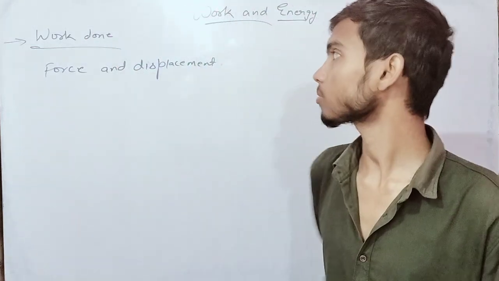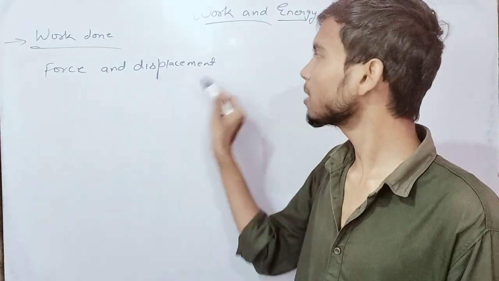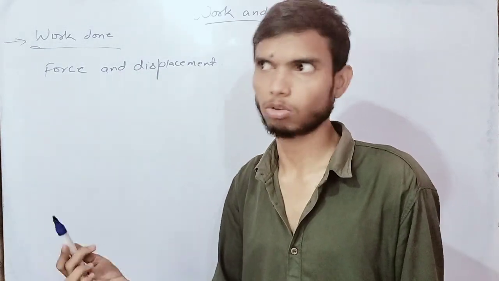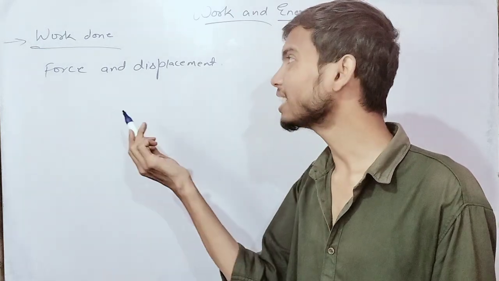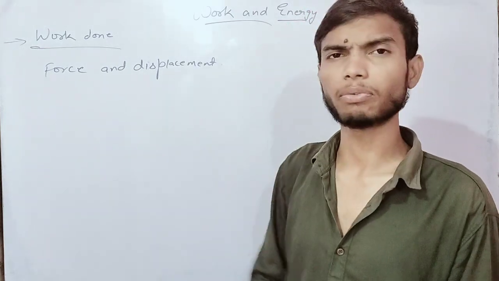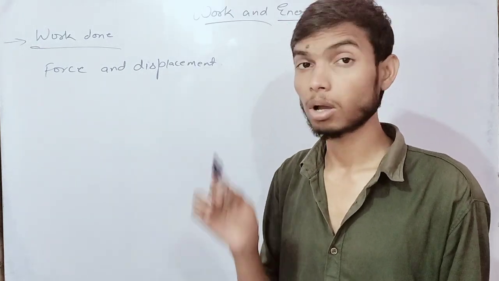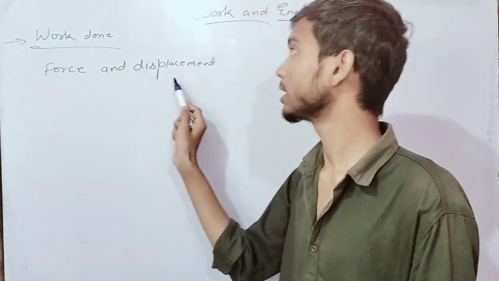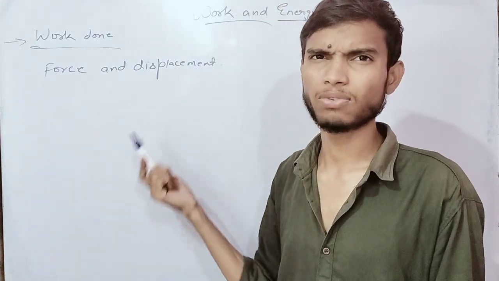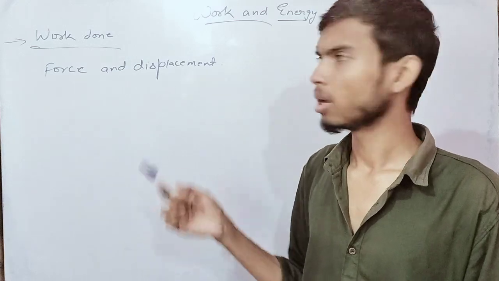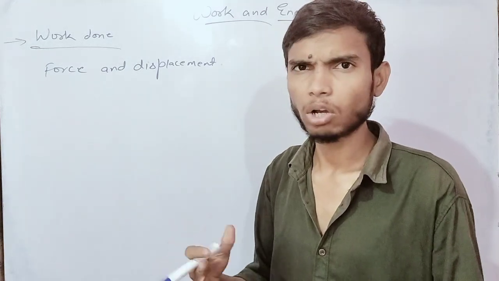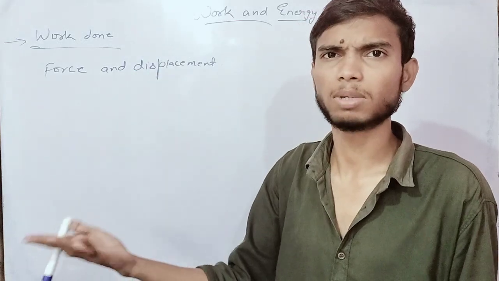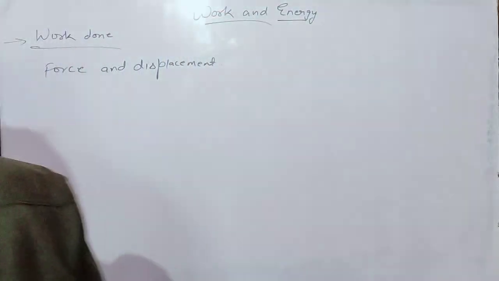Remember, if displacement becomes 0 and force is something, for example 10 Newton, then work done will be 0. The reason is that one of them is 0. If this is 0 and this is something else, work done will also be 0. If we are not applying force, then displacement will be 0.